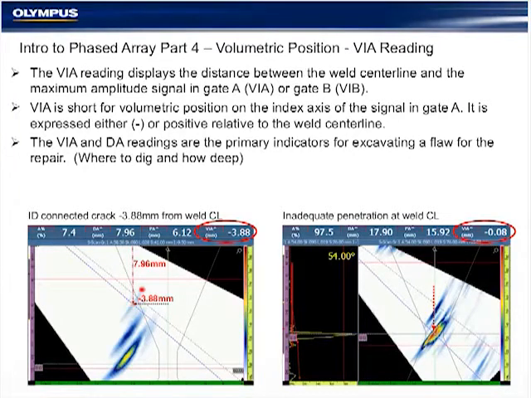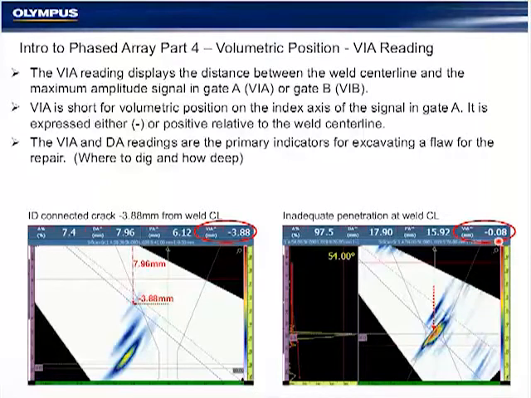And the DA reading tells us how deep. So the person repairing or trying to see the tip of this crack and excavating it would need to go all the way through a through wall dimension, but they would see the crack at 7.96 millimeters deep. If a flaw is directly on the weld center line, it would have a 0 or near 0 reading.